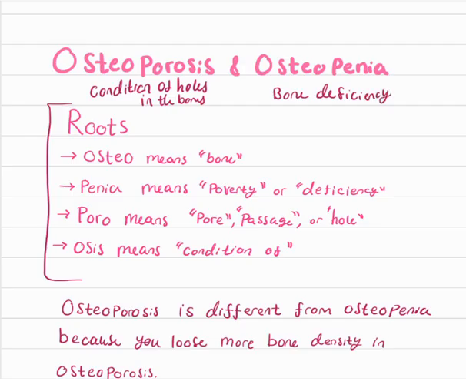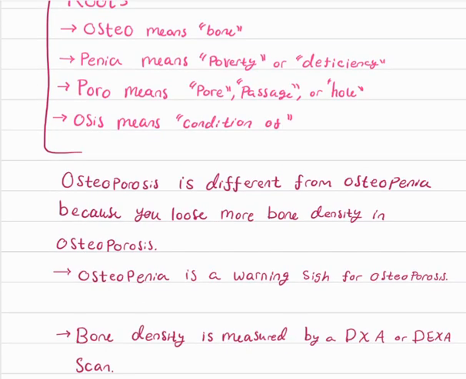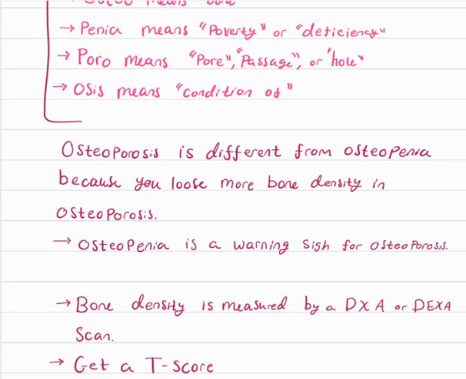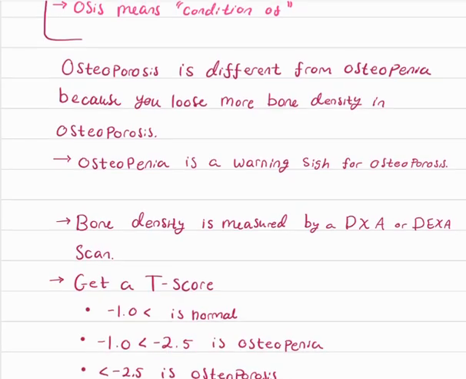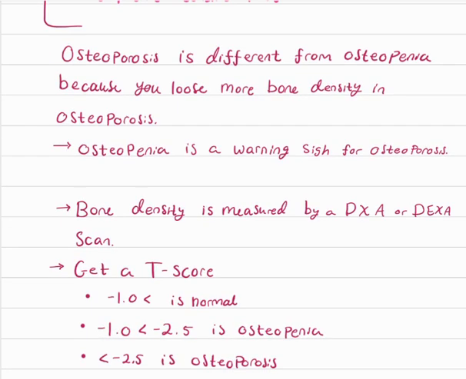Even just from the definitions, we can see that osteoporosis might be a little bit more severe than osteopenia. Osteopenia is a warning sign for osteoporosis, because you lose more bone density with osteoporosis. You have much less bone density versus osteopenia.